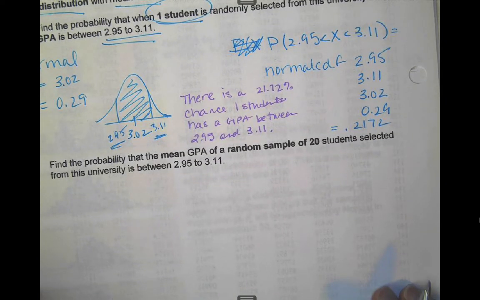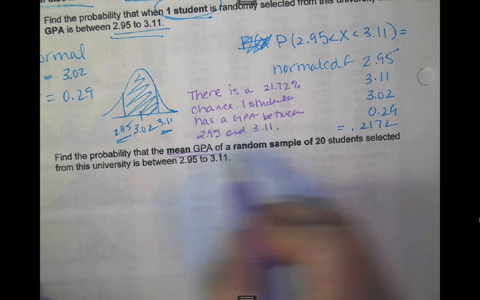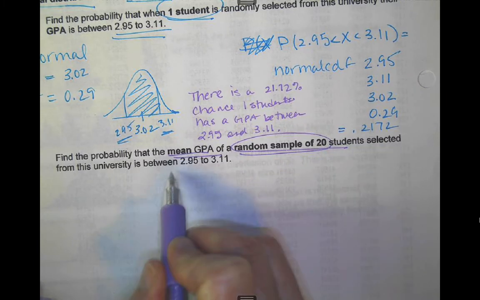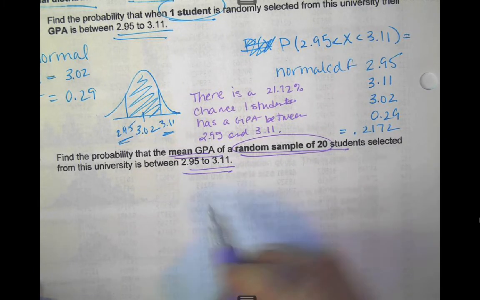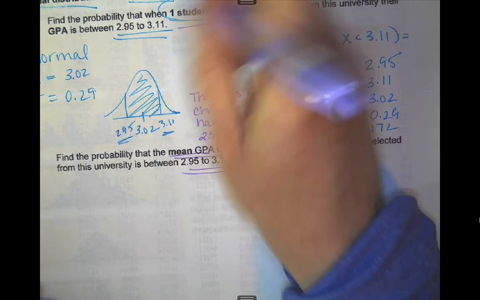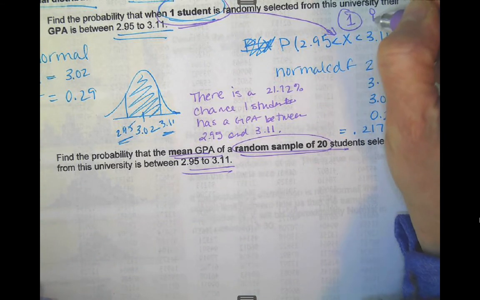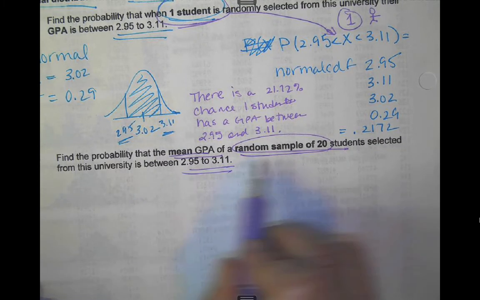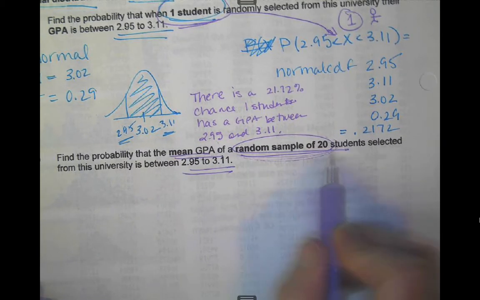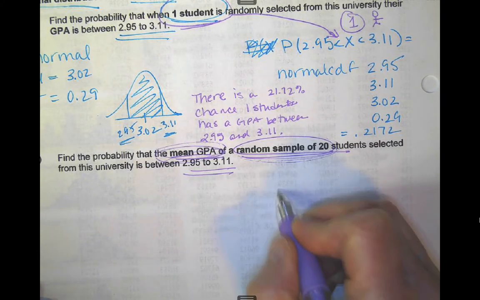Next one says, find the probability that the mean GPA of a random sample of 20 students is between those two numbers. I'm not talking about one kid anymore. I'm talking about 20 kids, and I'm talking about their mean now.